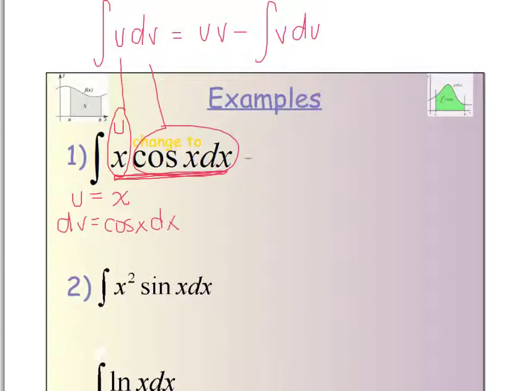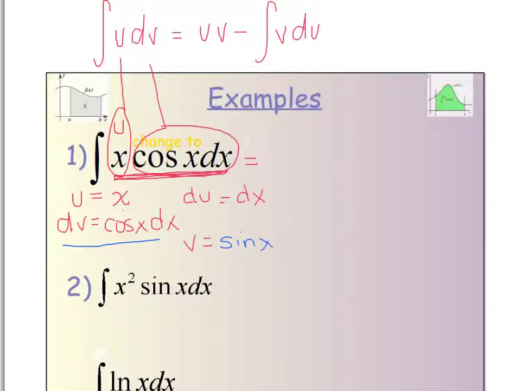dv equals cosine x dx. So therefore, if we have u, we also need to find du, and we also need dv, or excuse me, v. So if u is equal to x, du will be 1 dx, and if dv is equal to cosine x dx, then v should be sine of x.